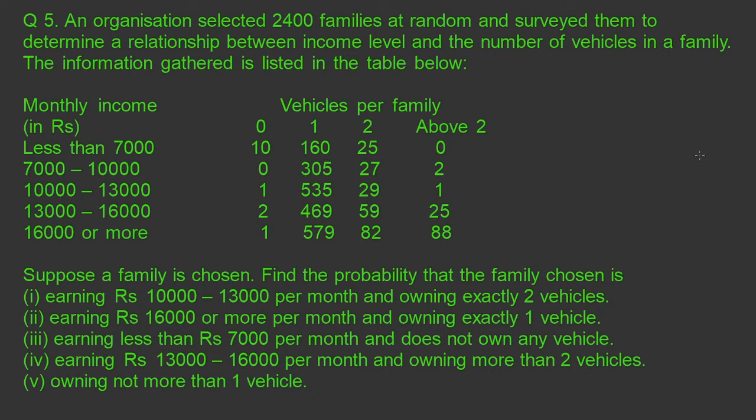Now, let us do question number 5 in the exercise. An organization selected 2,400 families at random and surveyed them to determine a relationship between income level and the number of vehicles in a family. The information gathered is listed in the table below. Data is given here and you can read the questions that we need to answer.